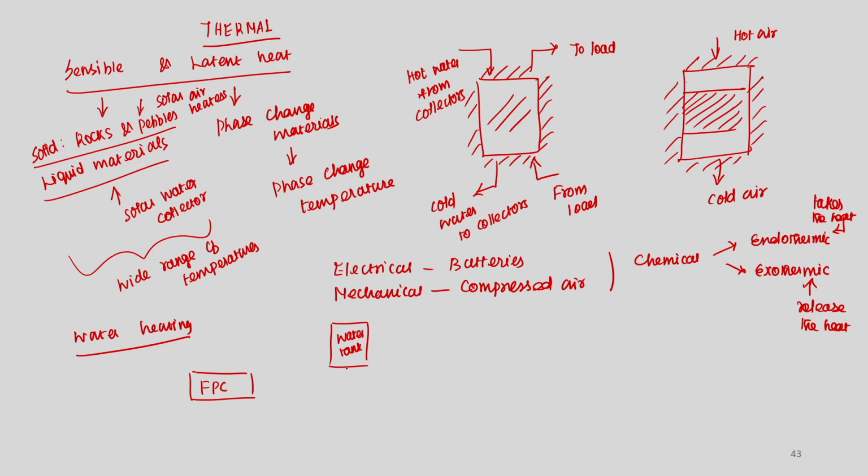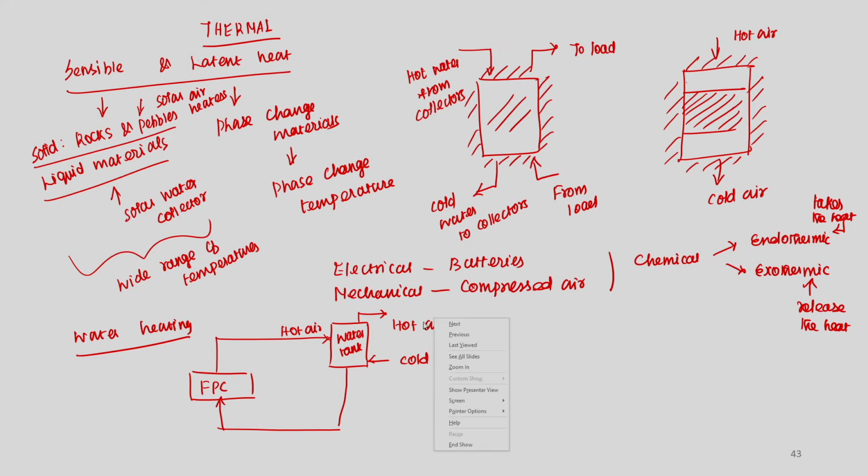Cold water comes and goes to the flat plate collector and gets heated, and hot water goes into the tank. Whenever needed, you take the hot water out. To compensate, you send in cold water, so it is hot water that is drawn out, not hot air.